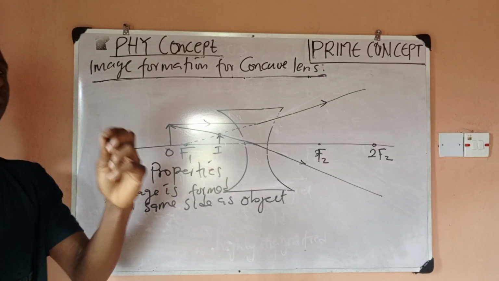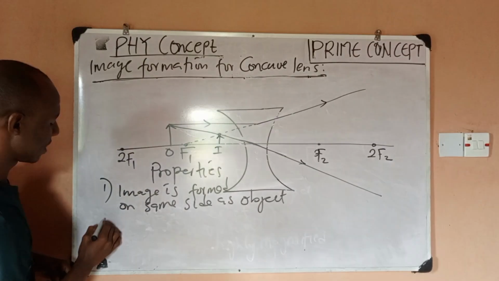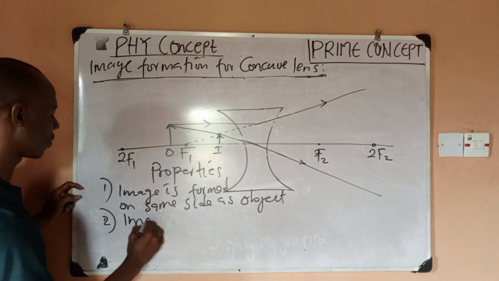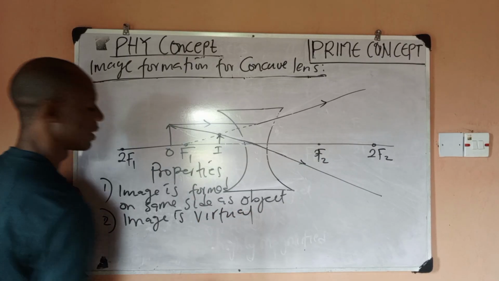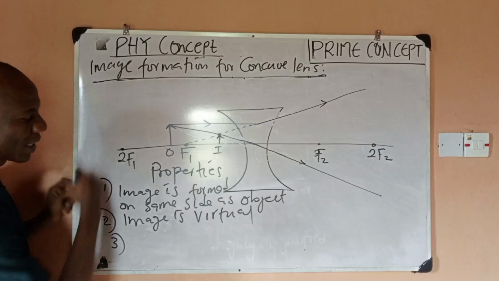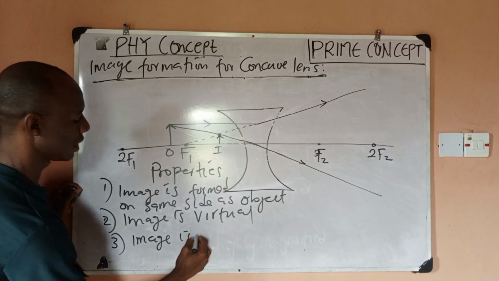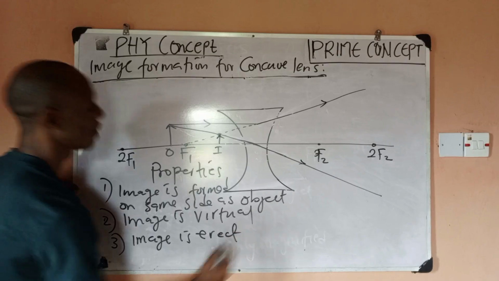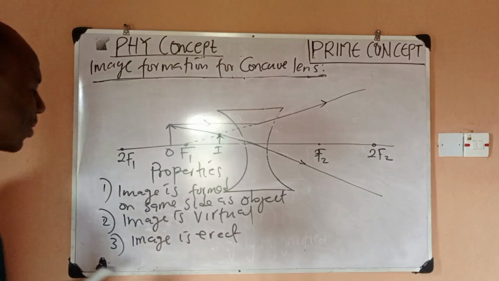If your image is formed on the same side as your object, it obviously means that your image is what? Virtual. Then number 3 point we can see is that our image is erect. When you have a virtual image, you expect that image to be what? Erect. So our image is erect.